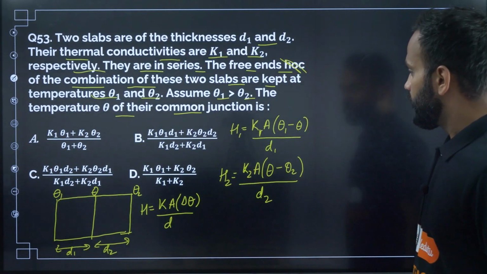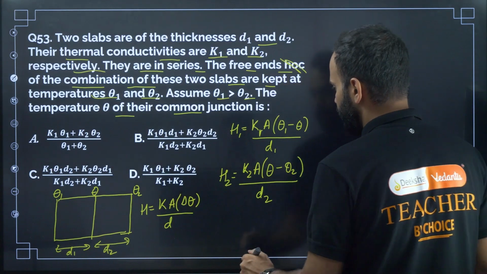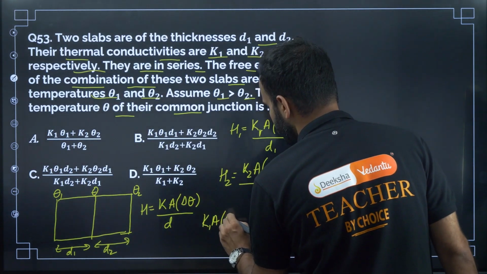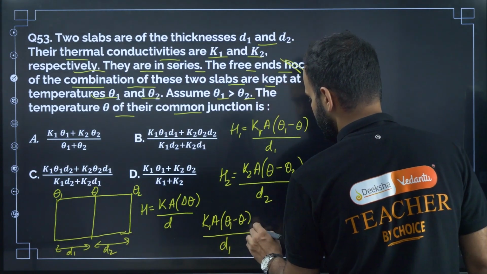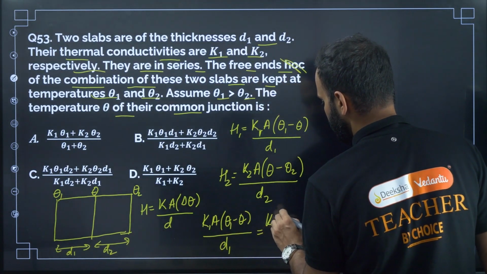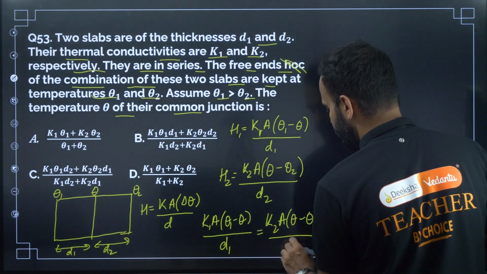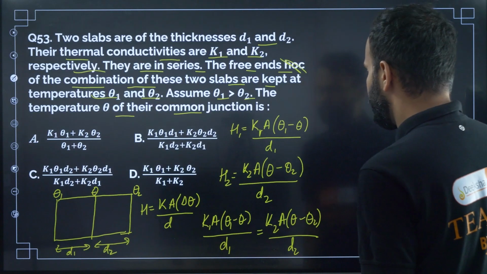So at this point H1 is equal to H2, right? So K1 A (theta 1 minus theta) divided by D1 is equal to K2 A (theta minus theta 2) divided by D2. Okay, so now solve this.